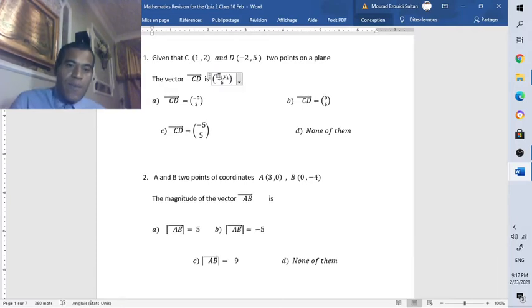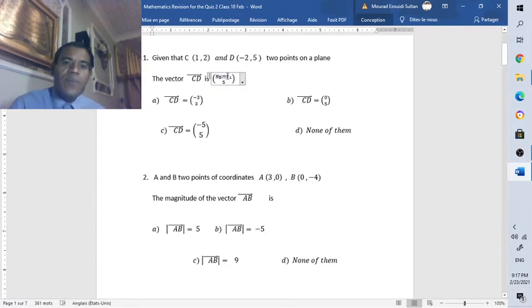So this is y1, then it will be x2 minus x1.